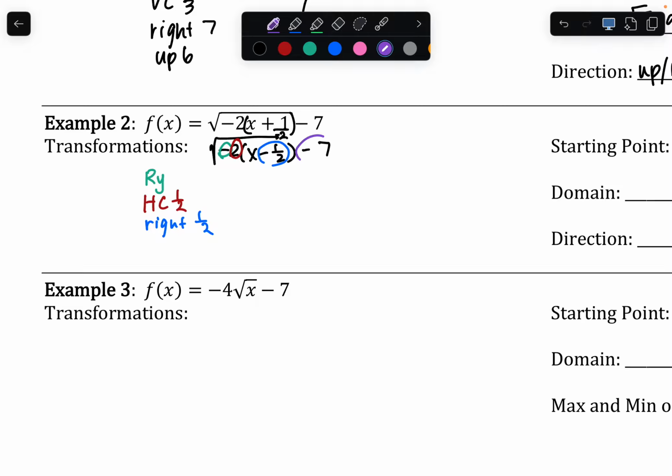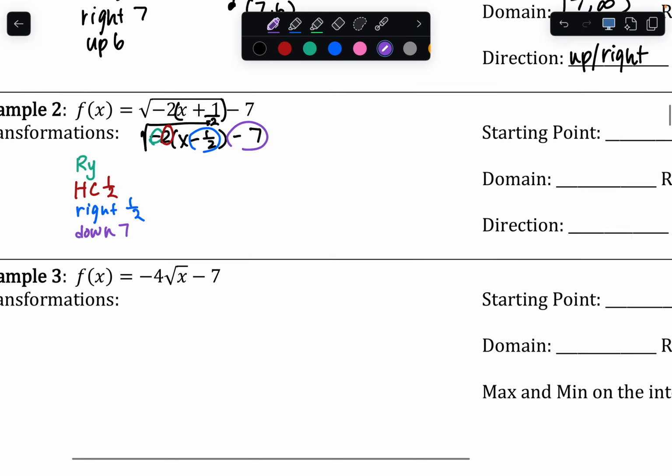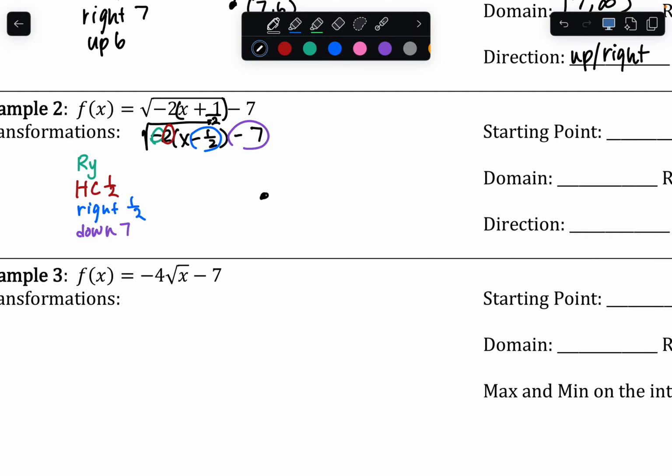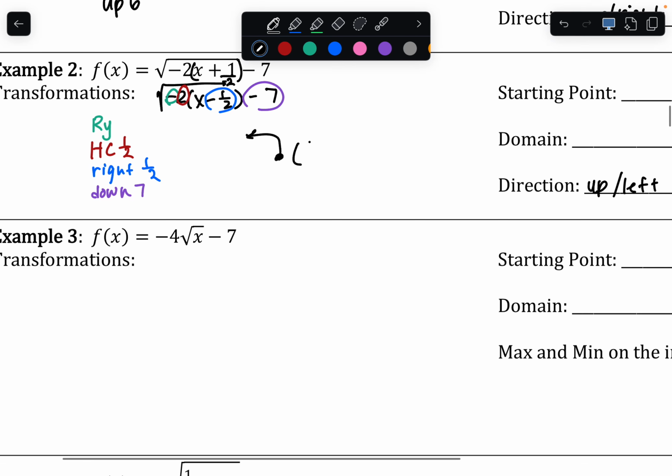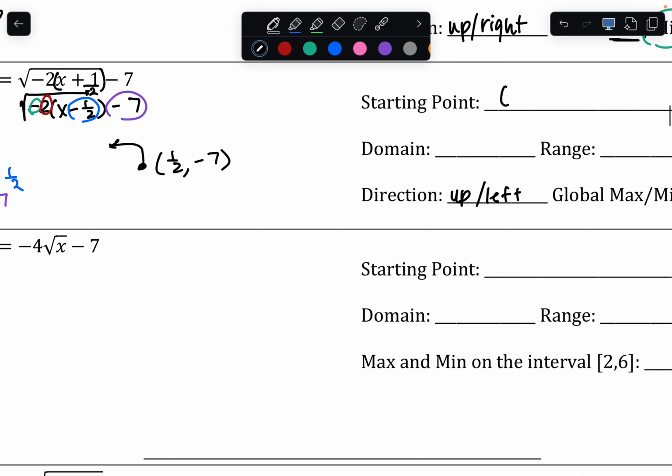And then lastly, the minus 7 outside is down 7. Okay, and so because of the Ry, we are facing to the left. So it's still facing up, but now it's to the left. So up and to the left. And then because we moved right 1/2 and down 7, our starting point is (1/2, -7).